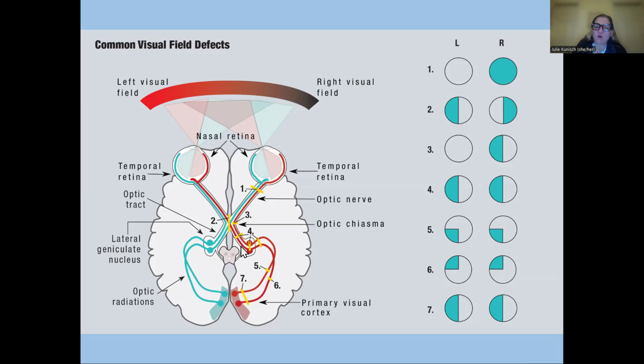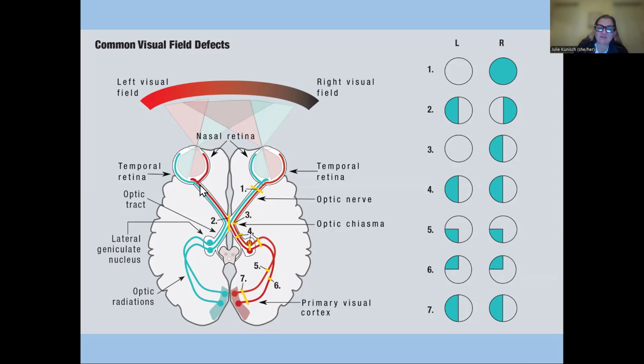Now, if 4 happens, this is where now we have the nasal optic nerve that has crossed over on the left side and the temporal optic nerve from the right side. Okay. So now we're back to 2 eyes. Okay.